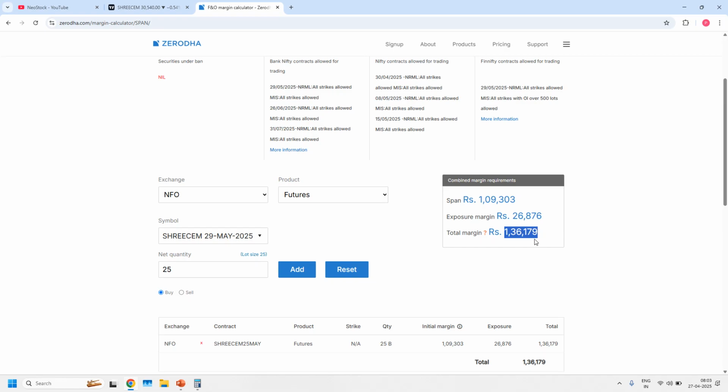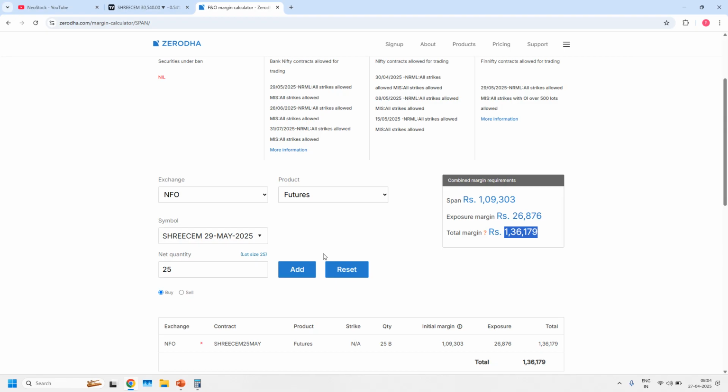That is what I told you earlier. This value is not exactly the same in all the brokers. There will be some difference, some 2,000 or 3,000 rupees or maybe 1,000 rupees among the brokers. But according to Zerodha, if you are using Zerodha, you have to use 1,36,179. Other brokers are also near to this value, you will be paying to them.